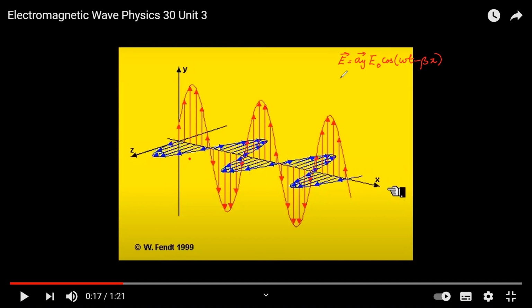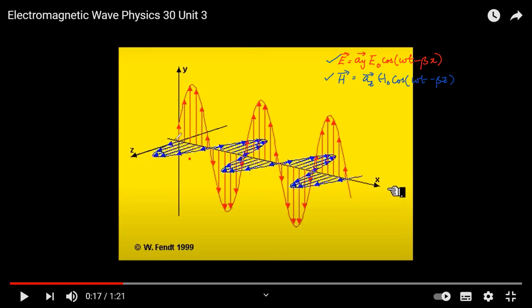And my magnetic field H is equal to a_z H naught cos of omega t minus beta x. Because a_z is a_x. Okay. So this is my electric field and the associated magnetic field.